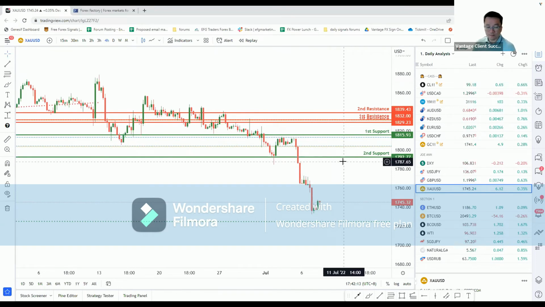I don't think it'll break that point, or we might see it consolidate in this area before a possible move back up. How I approach gold is that I don't look at short-term trades on gold. I look more at medium and longer term trades. So I look at buying into value on gold rather than trying to short it down and buy it back up, because there's sometimes a little too much volatility on gold.